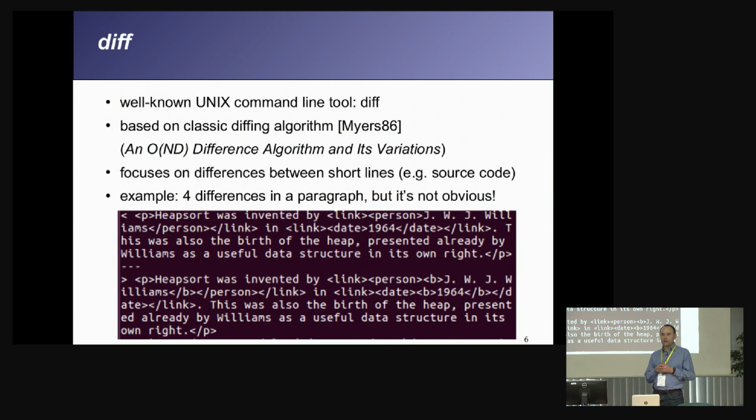But when the lines are longer, and when it's packed with different types of information, such as text and tags, it becomes less obvious to see the differences found by diff. In this small example, there are 4 differences, but they do not stand out at all. You've got 2 opening B tags and 2 closing B tags that were added into the below paragraph.